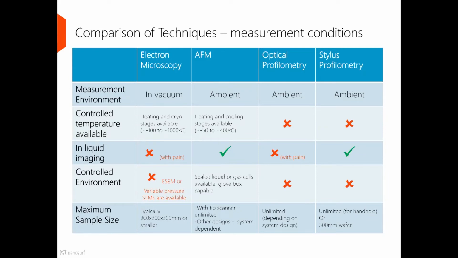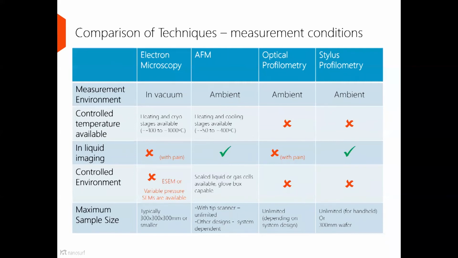And then again, the other question is, how big is the biggest sample we can measure on this? Electron microscopes are typically limited to something on the order of about a foot cubed, or 300 by 300 by 300 millimeters. That's the size of the vacuum chamber. Depending on the AFM design, we can be limited to a sample that's only a few millimeters or a few centimeters in diameter.